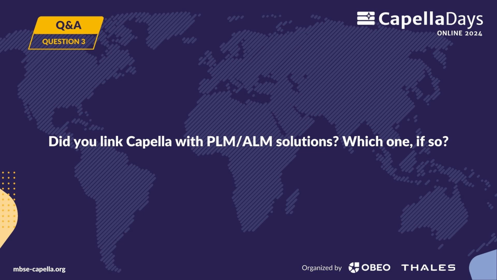Actually, right now we aren't linking Capella with these solutions, but we are thinking about some part of the project life management, because right now we are mostly worried about how we can get the project information, mostly the requirements, along the operating phases of the beamline.